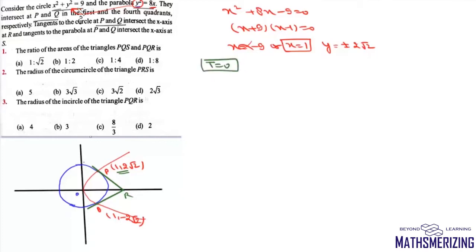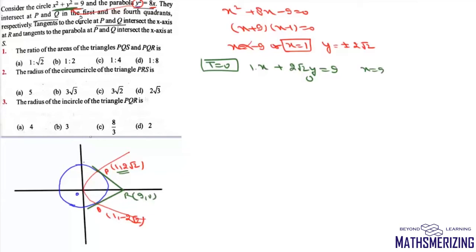For this circle, T equals 0 will be x times x1 plus y times y1 equals 9. Now we need this point which lies on x-axis, so I'll put y as 0, and I'll get x as 9. So this point R is (9, 0).